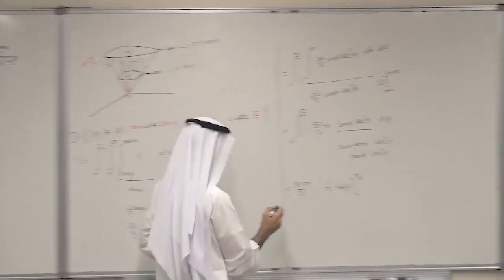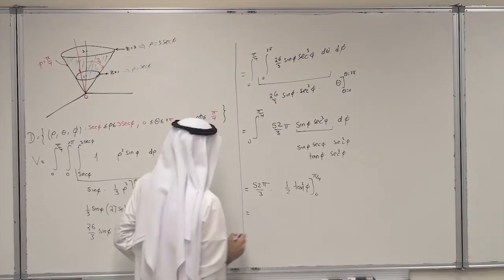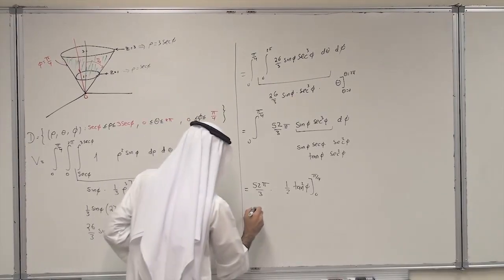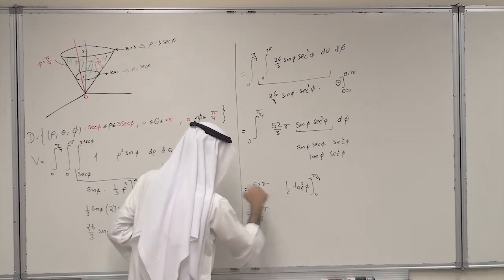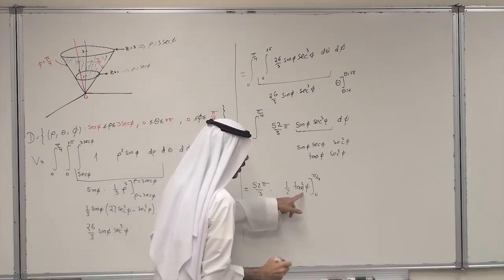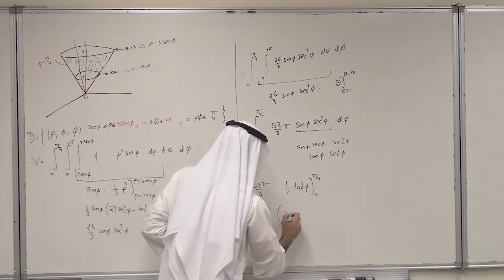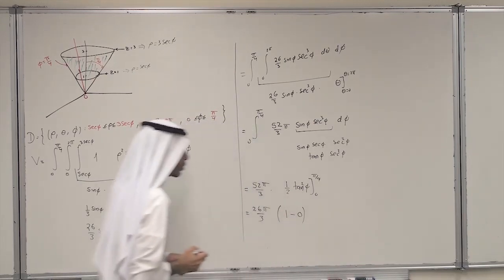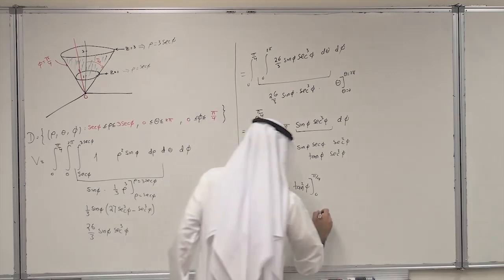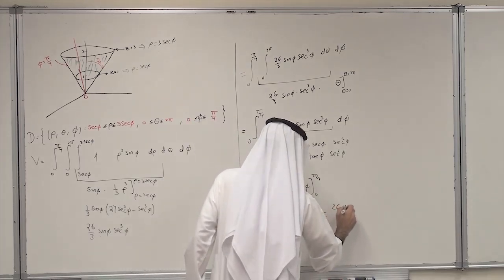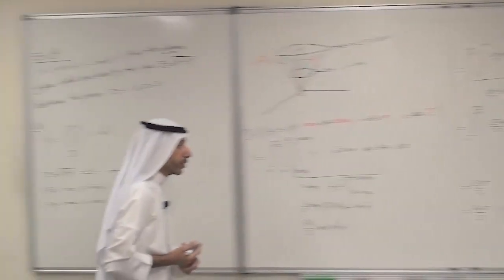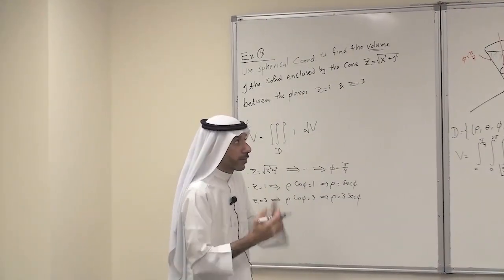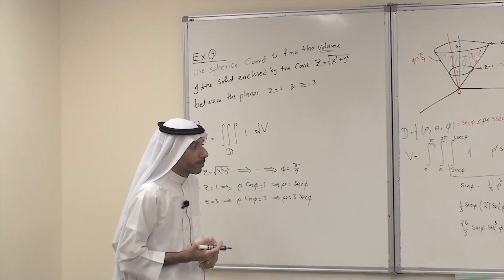Okay, so this is 26 pi over 3 times tan squared of pi over 4, 1, minus 0, since tan 0 is 0, and this is 26 pi over 3. So this is the value of this integral and the volume of the given solid.